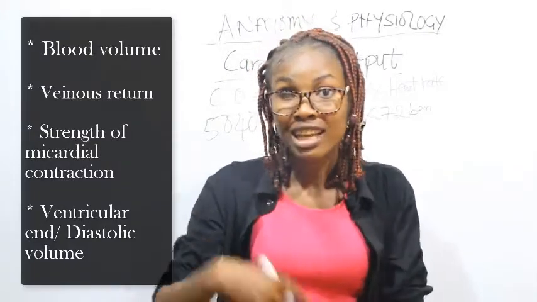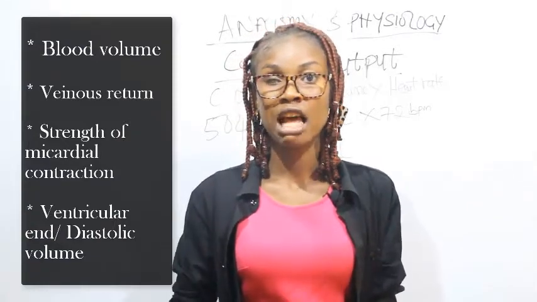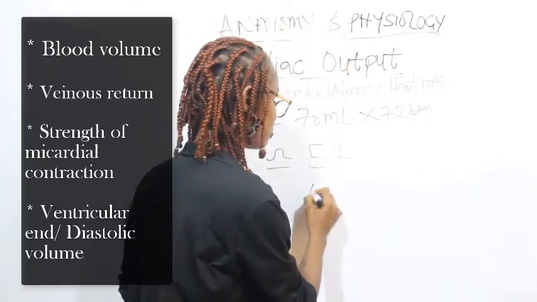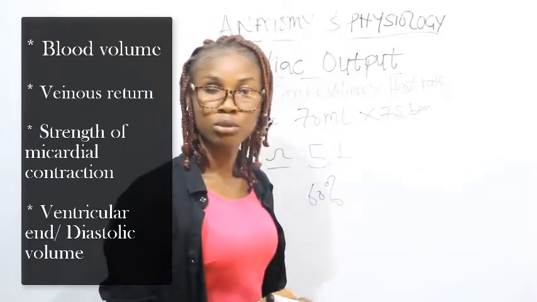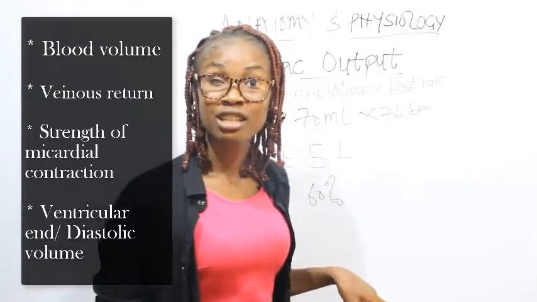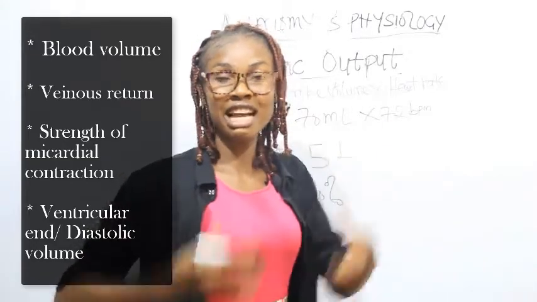That's the blood in the ventricle before contraction. If we have 60% of blood in the ventricle, you don't expect the ventricle to contract and eject 100% of blood. Where did you manufacture it?